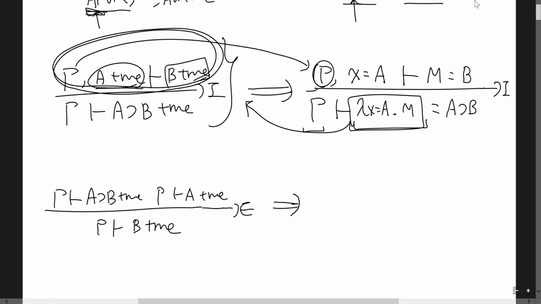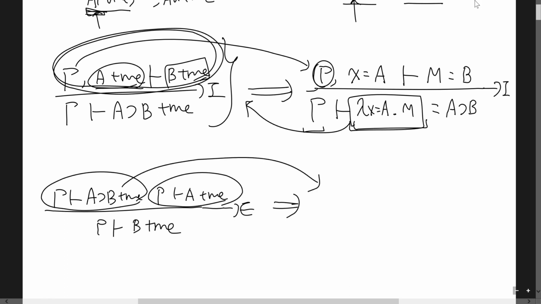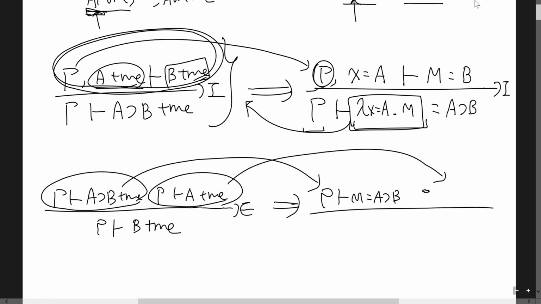So we translated these judgments inductively. So this one produces gamma M A implies B, and let's say this one produces gamma N has a type A. And then by combining these two, we should be able to obtain a proof term of type B.